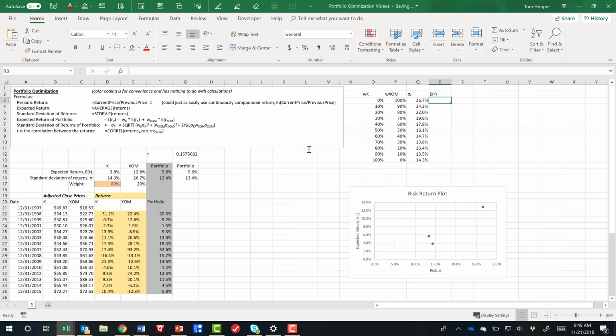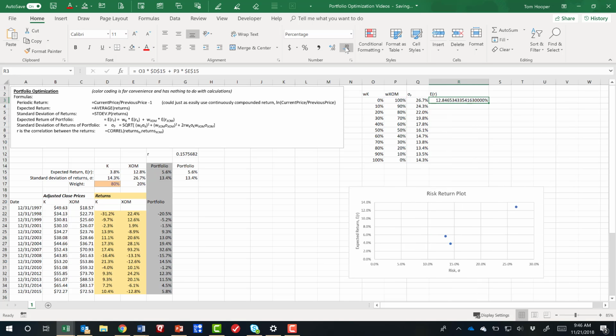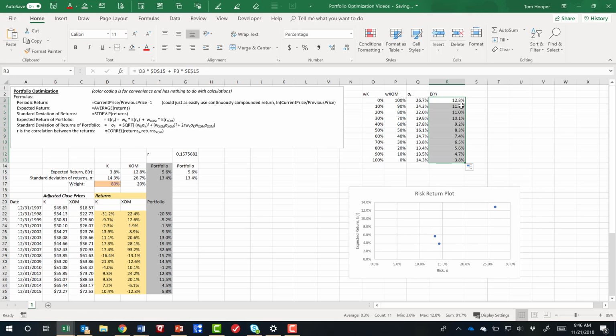Then we can do the same thing for the expected return. Of course, double check that 100% ExxonMobil has the same return as the stock did, 100% Kellogg has the same return as the stock did, and 80% Kellogg has the same return as the portfolio did.